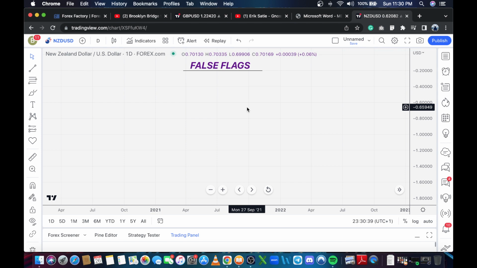So false flag, from I think it is Oxford Dictionary, from the year 1569, where the term false flag was coined from, states that it is something which is used to deliberately misrepresent something else. Okay, and that definition is literally what false flags are when it comes to our institutional concept in trading.